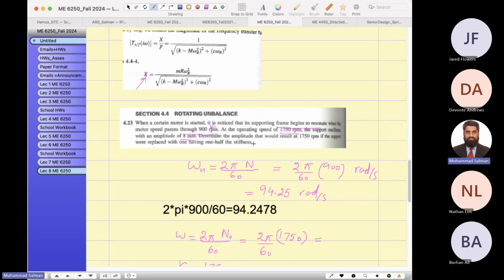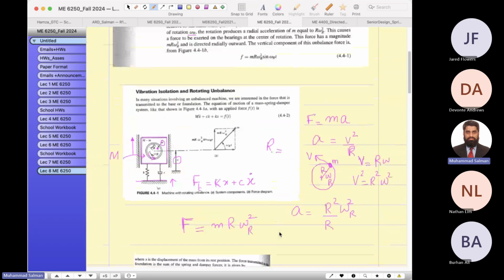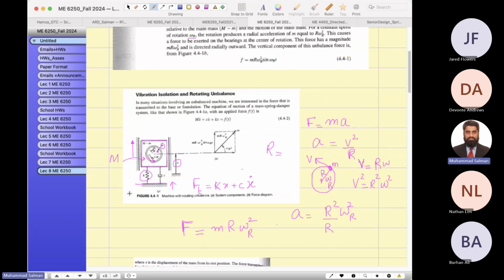And determine the amplitude that would result at 1750 RPM if the support were replaced with one having one half the stiffness. So the question is, if you replace this spring, which is now K by 2, there is no damper in it.